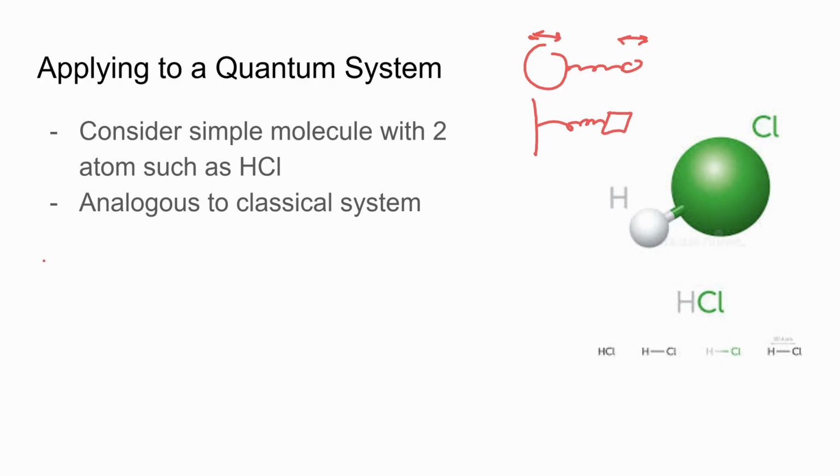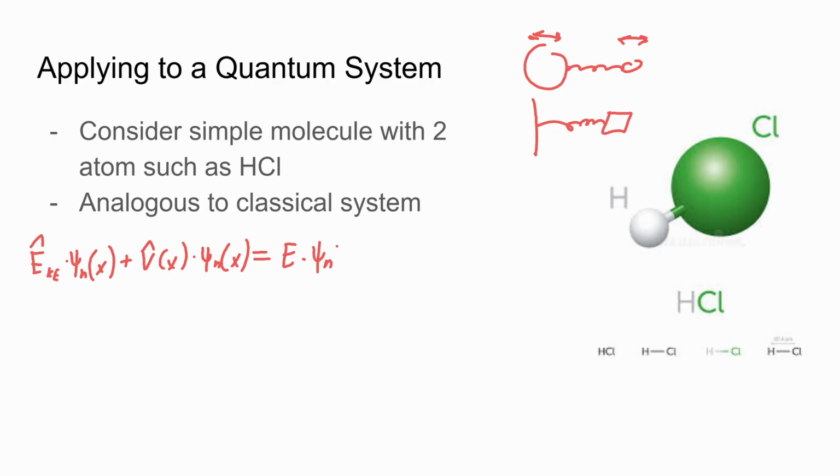Now with any quantum system, we can write our Schrödinger equation, which is just going to be our kinetic energy operator times the wave function as a function of x plus our potential energy operator times the wave function is going to equal the energy times our wave function.